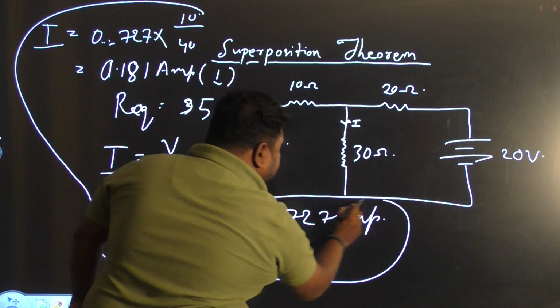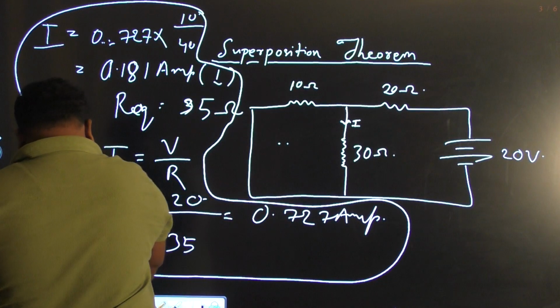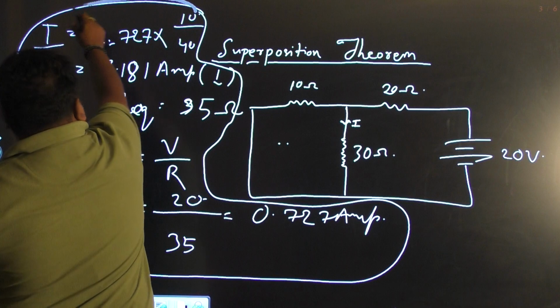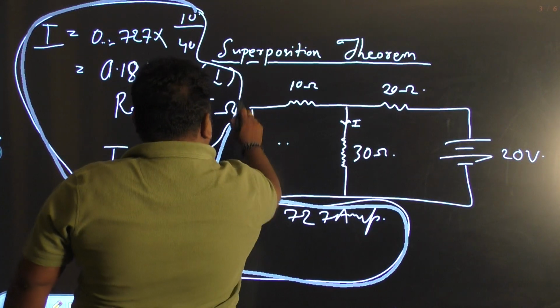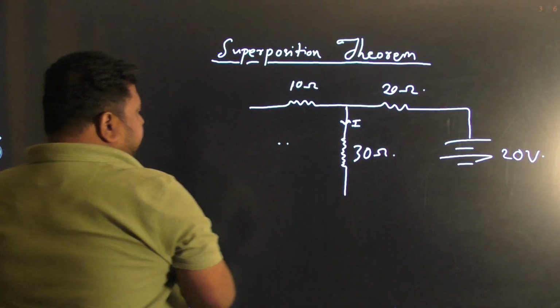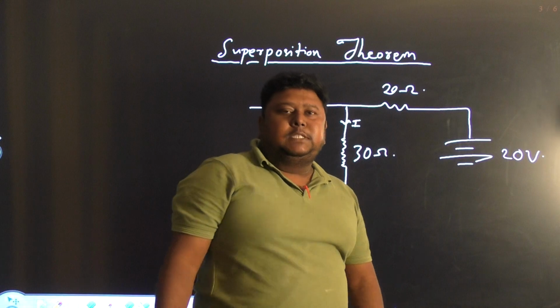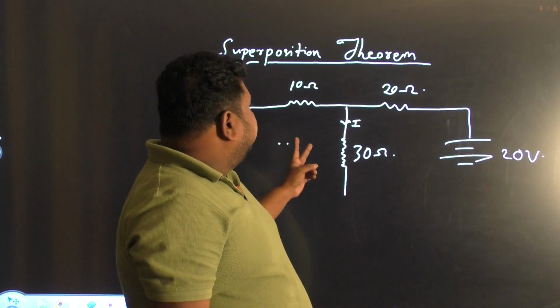So finally, right now I am erasing all this. Already we have got the values. As per the superposition theorem principle, 2 steps I have completed.